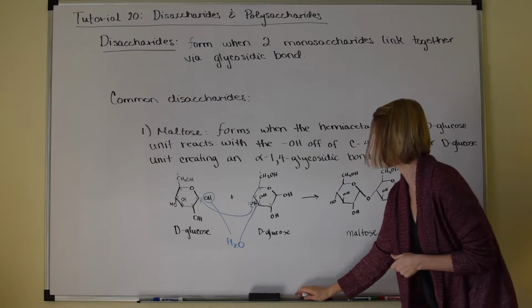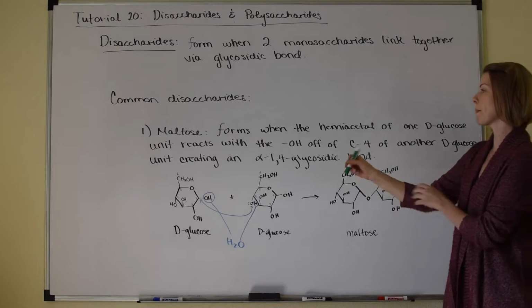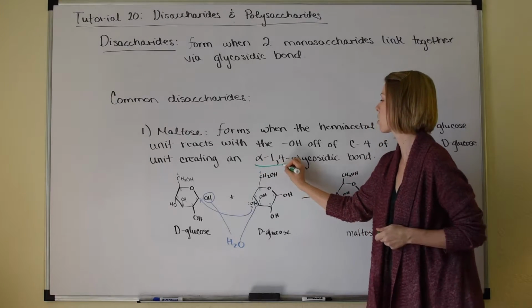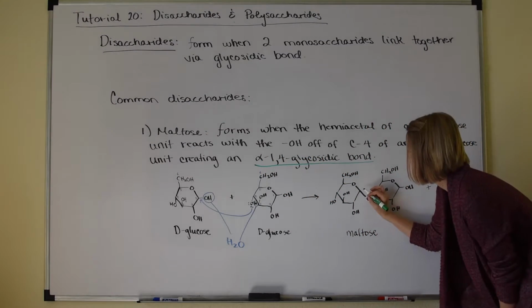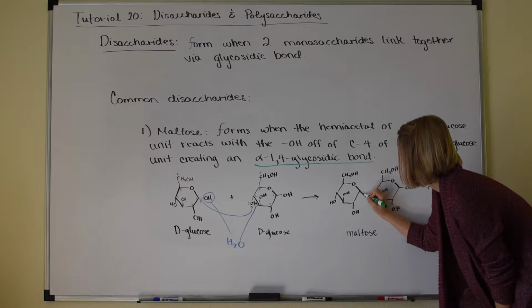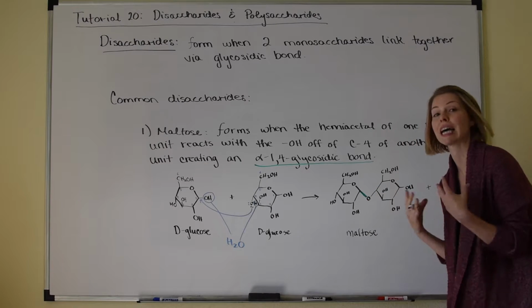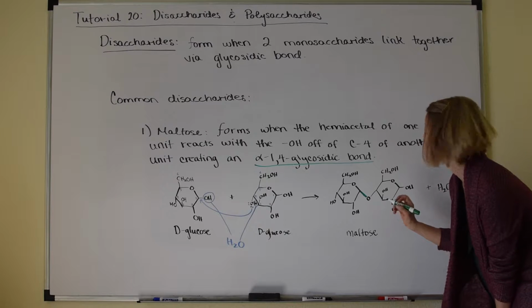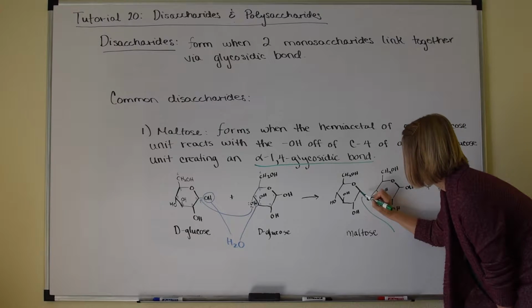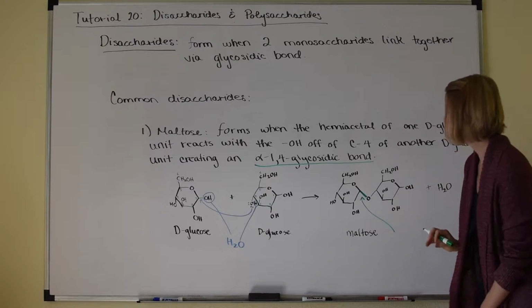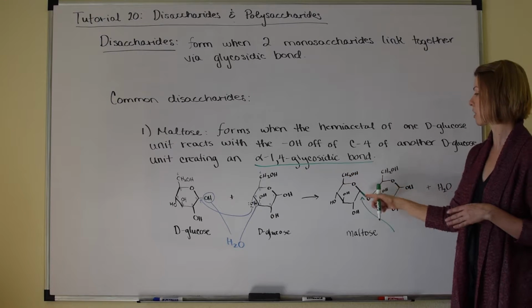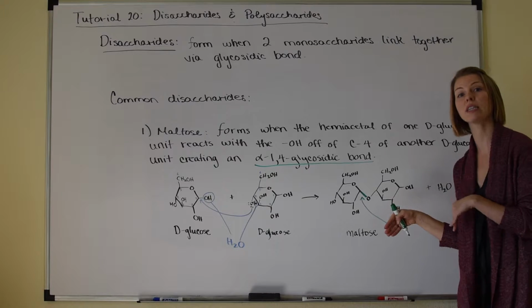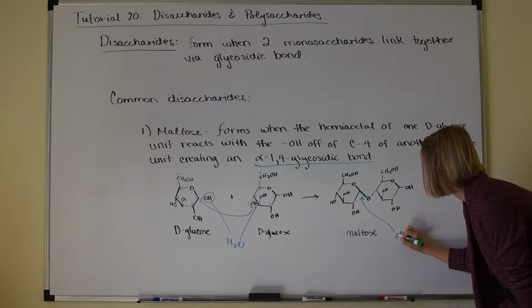And just a quick reminder of what makes it an alpha 1,4 glycosidic bond. Okay, so we're talking about the acetal linkage, the glycosidic bond. Remember in sugars, we're going to call it a glycosidic bond. Okay, and with respect to the orientation of the CH2OH, it is in the opposite direction. It is down instead of up, so that's what makes it alpha.